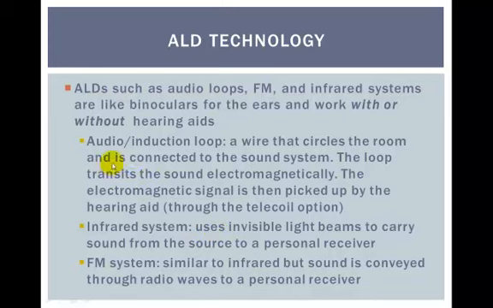So in the first point, the induction loop, I used the example through a telecoil option. So this would be applicable to a person who's already utilizing hearing aids. But let's go back to the first option, the induction loop option. Let's say the person who utilizes hearing aids is going to a play, and they don't have front row seats, even though they have hearing aids.